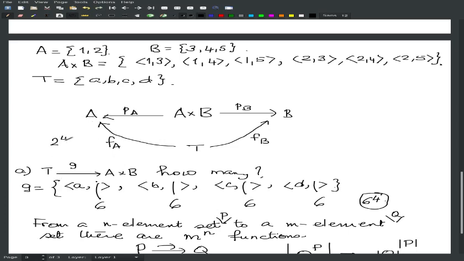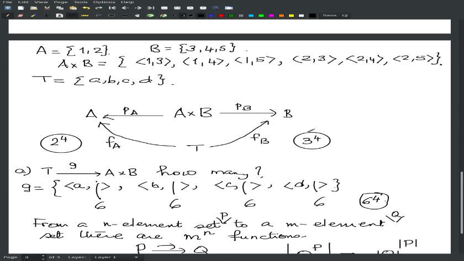Yes, you can have 2 to the power 4 many choices for FA, and how many over here? 3 to the power 4.